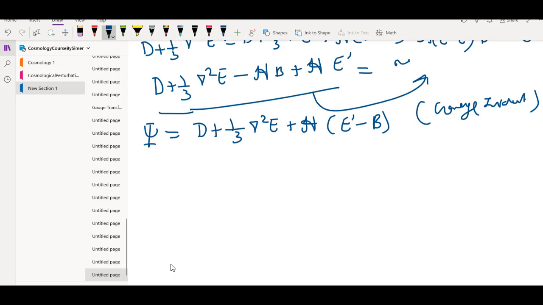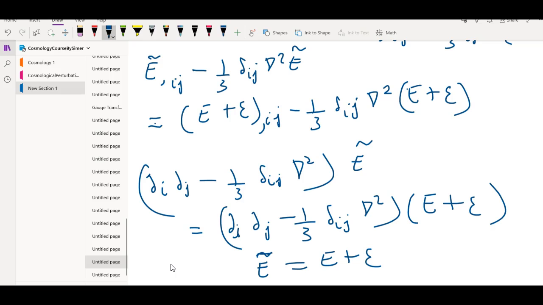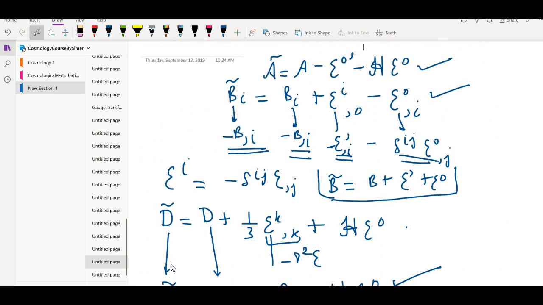Now let us look for one more quantity which is gauge invariant, because we are eliminating two variables here, xi0 and xi, but we have more than two equations. So let us see if we can use a tilde equation also. What is a tilde?